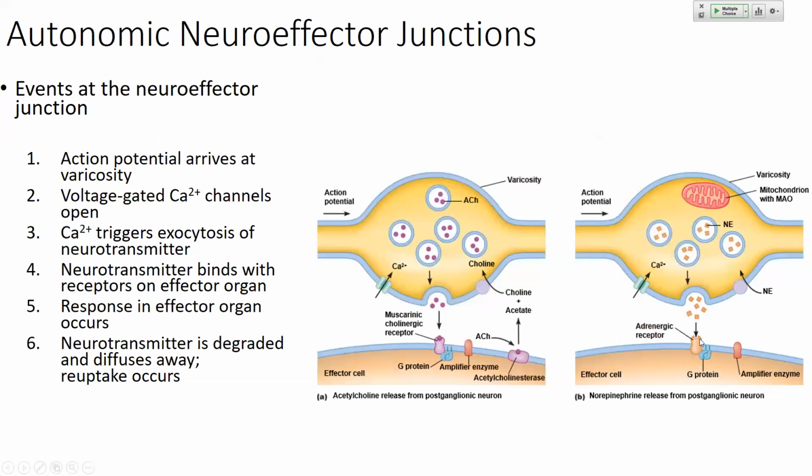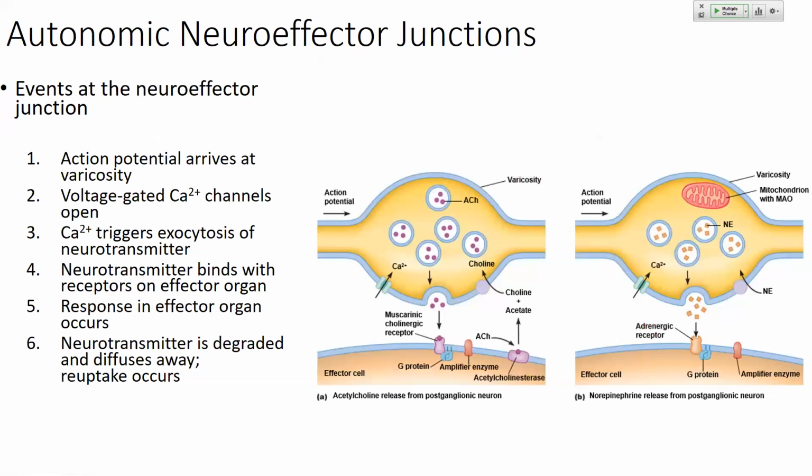If we say, for example, that this effector cell were a cardiac myocyte, cardiac muscle, what type of receptor would that adrenergic receptor be?